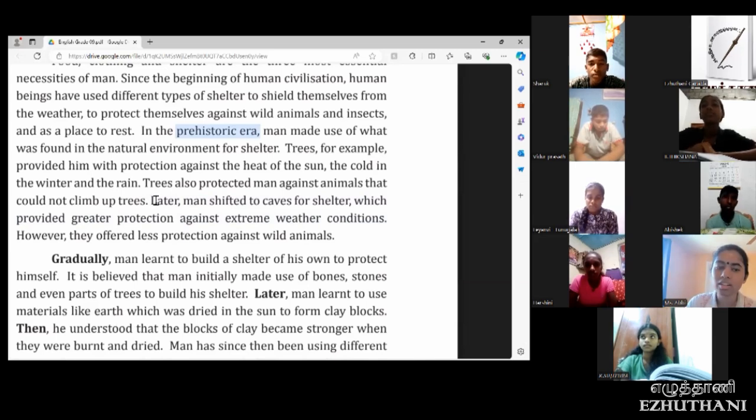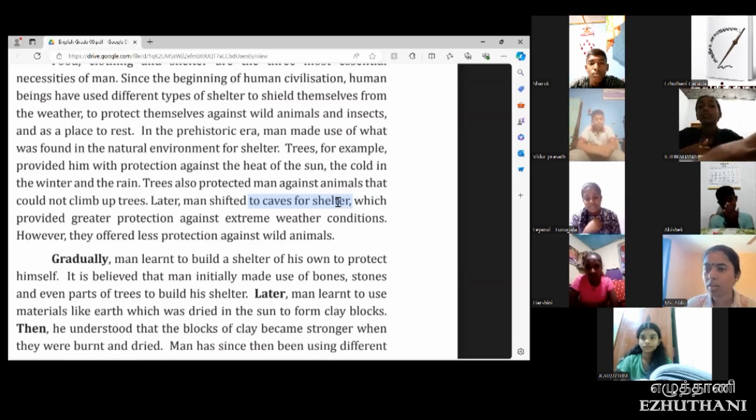And then later means வரலாறுக்கு அப்புறம். Man shifted, so they shifted, இடம் மாறினவ to caves for shelter. So இவ்வளவு நாள் மரத்துல தான் அவன் உறைவிடம்.